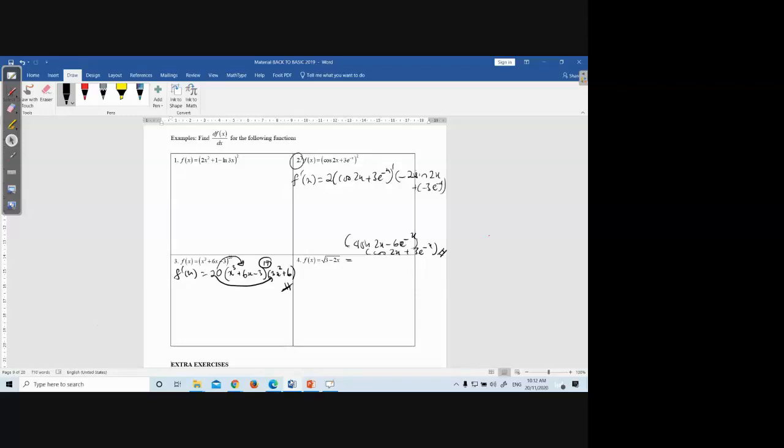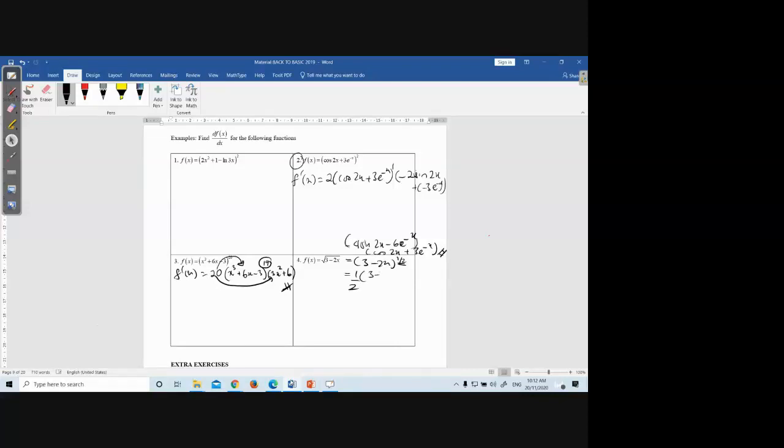Let's rewrite this first as 3 minus 2x power 1 over 2. Sometimes when we have a root sign like this, we have no idea how to differentiate it, but we can rewrite it as 3 minus 2x power 1 over 2. From here we can easily differentiate by the power rule.